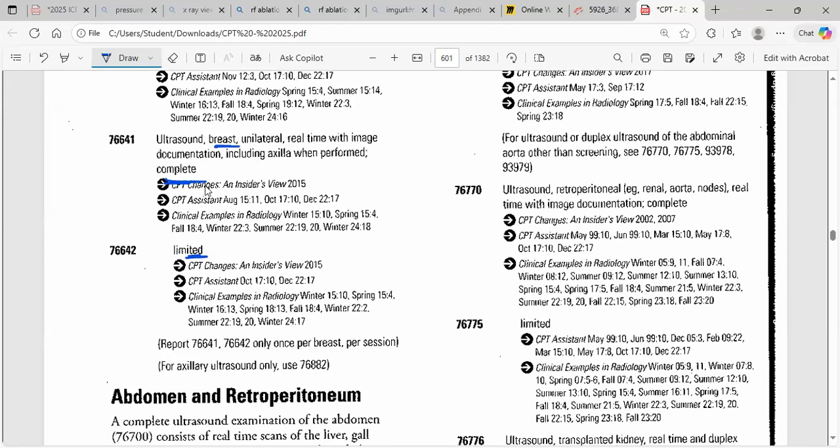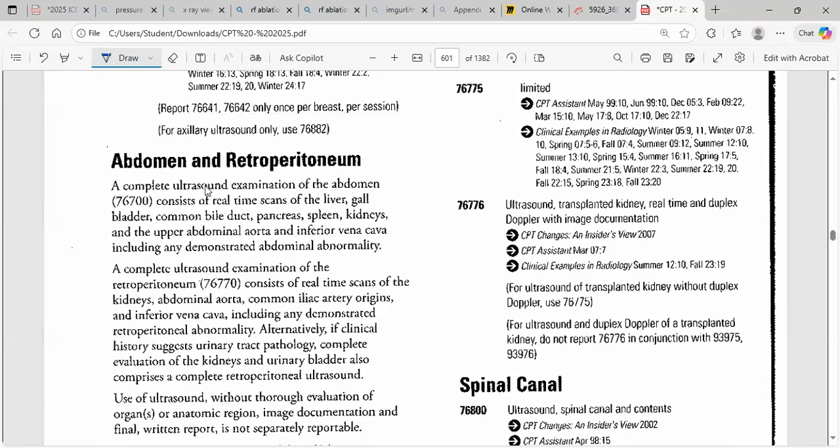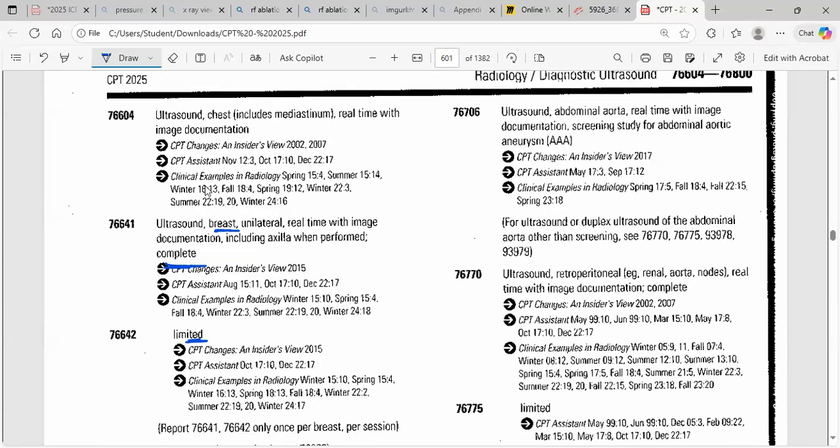For the chest also, this one is complete. This one is for the retroperitoneal, complete and limited. So our codes are based on the complete and limited ultrasound codes basically.